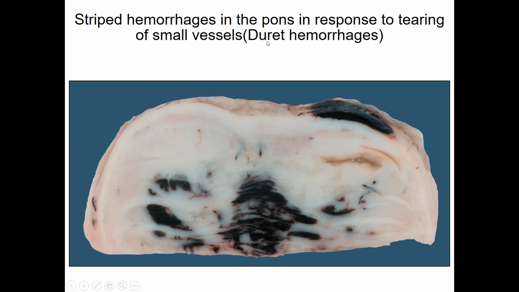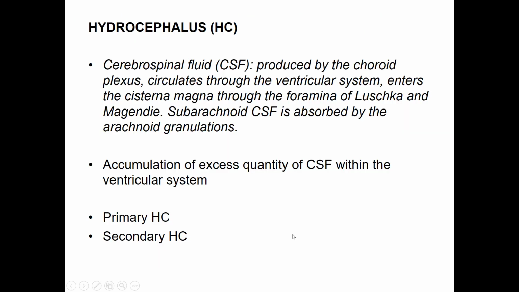This is a French person's name, Duret hemorrhages, which are usually resulting in these striped hemorrhages or these flame-shaped hemorrhages, which distinguishes these hemorrhages which are secondary to space occupation in the supratentorial compartment from the primary pontine hemorrhages, which may happen not so infrequently in hypertension. So that's another problem that may well happen.